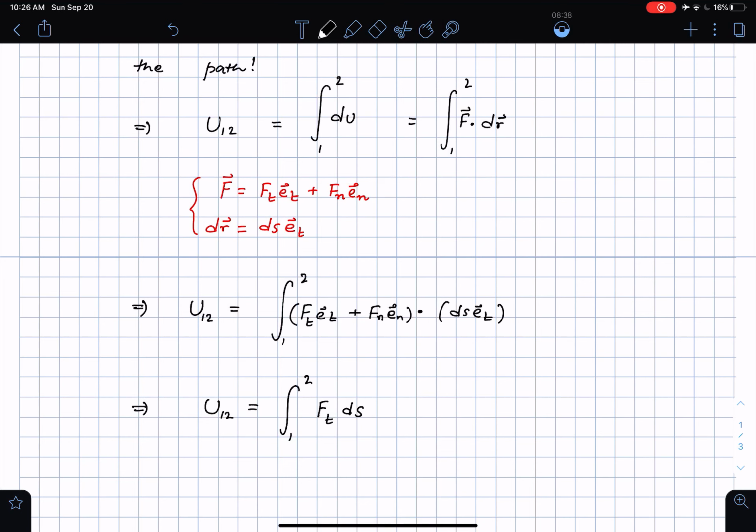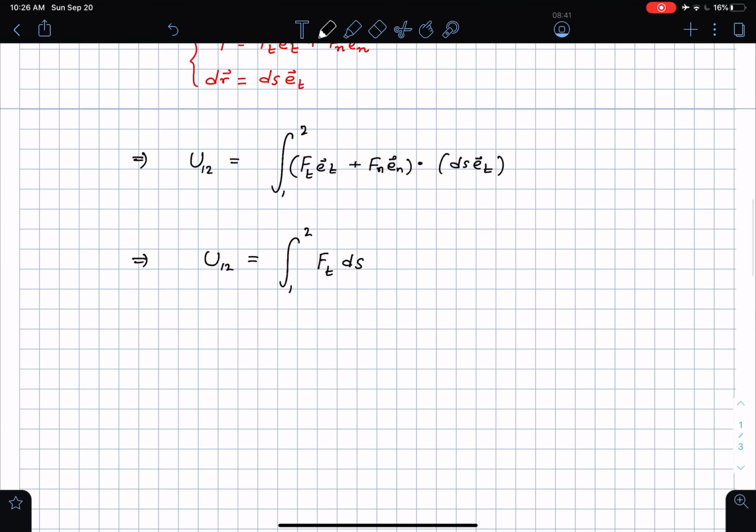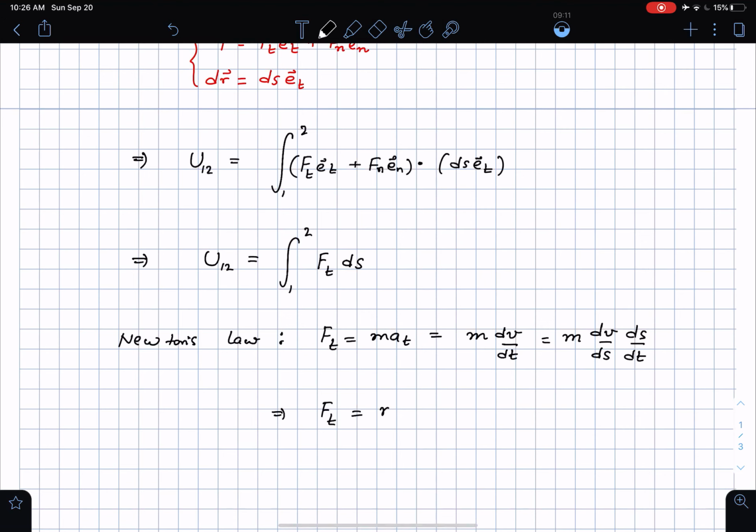I'll specify that later. But from Newton's law, I know that force is mass times acceleration. Tangential force Ft is mass times dv by dt, the rate of change of velocity, which I can further write as m times dv by ds times ds by dt, by making use of the chain rule. Now ds by dt is nothing but v, so I can write this as m times v times dv by ds.